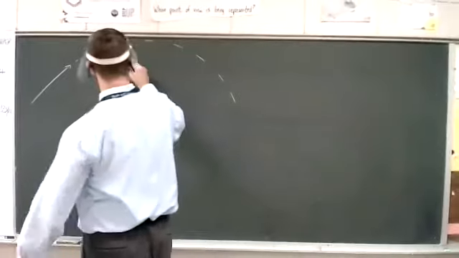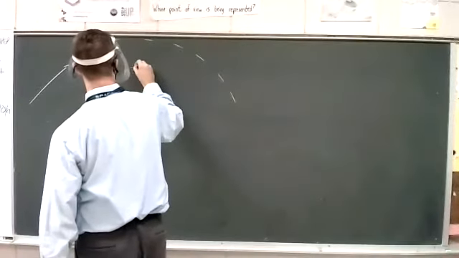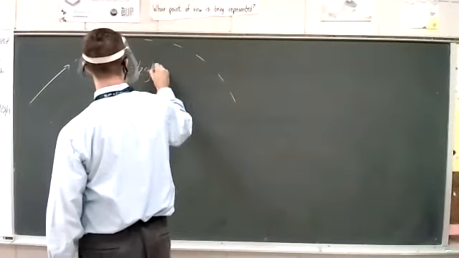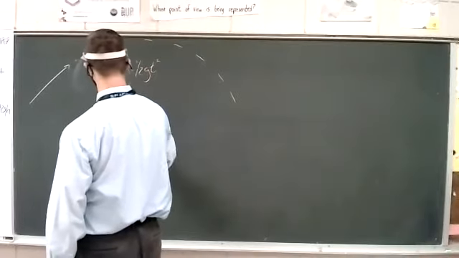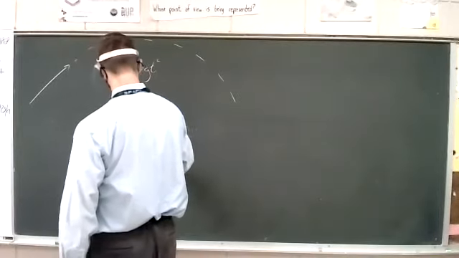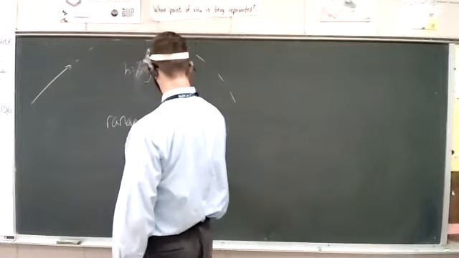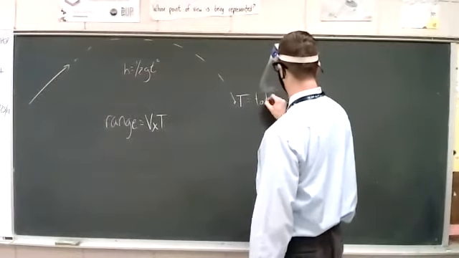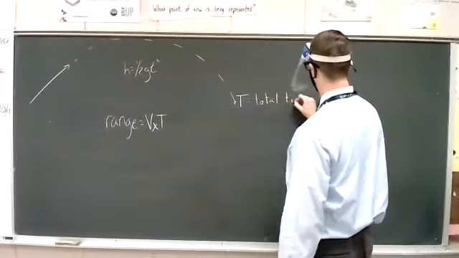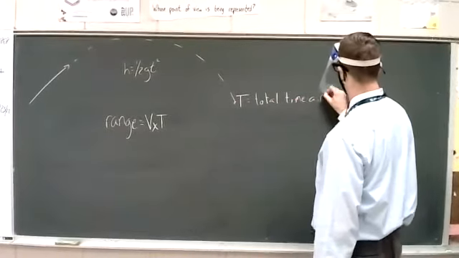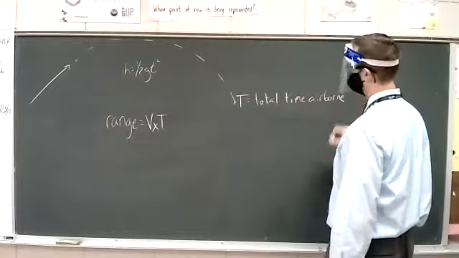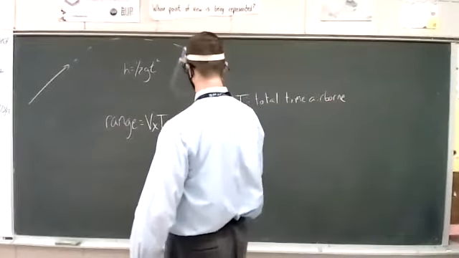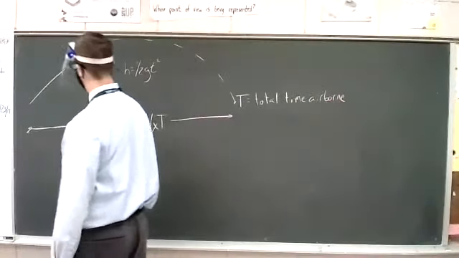And we want to predict the height, 1/2 g t squared, and we want to calculate the range. T, where T is the total time in air. Range is the horizontal distance.